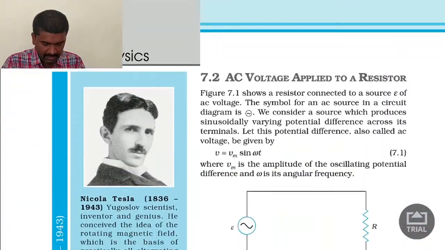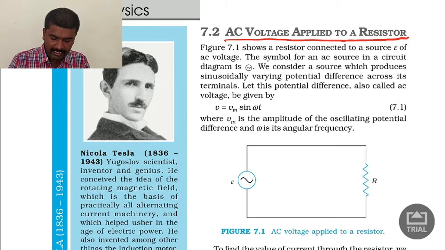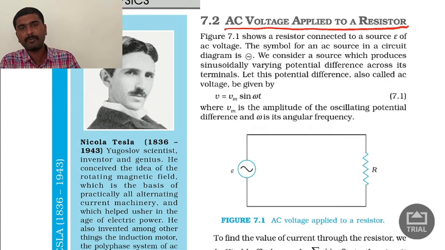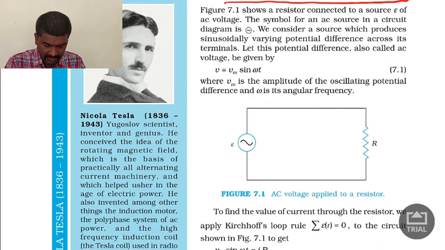So now look at this problem. In this, we are connecting an AC voltage supply, an alternating voltage, to a load, to a resistor let us say. Look at this connection here.